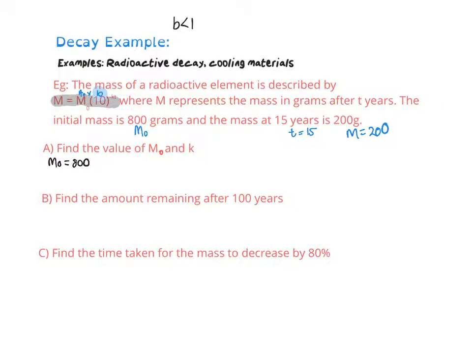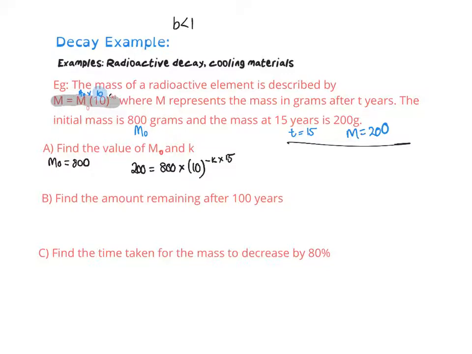But we need to find, can you see that little k up here in that question up there? So we'll just plug in what we know. So we're going to use this scenario to find it. So I know when the mass is 200, I've got 800, because I already knew what M0 is, times 10 to the power of negative k, I don't know what k is, times t, which was 15 years.